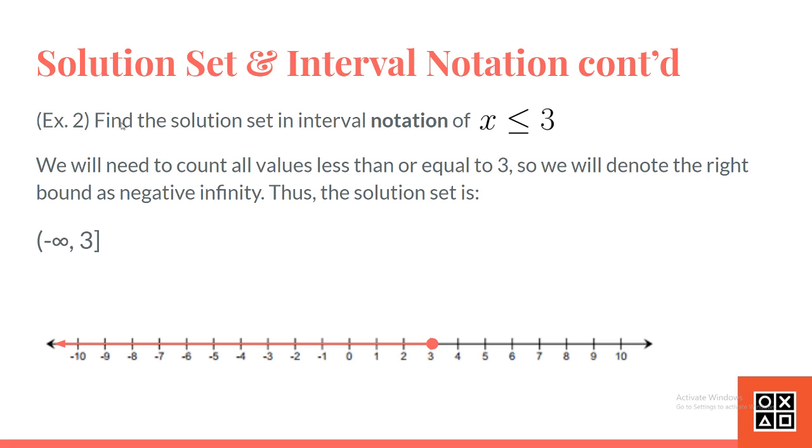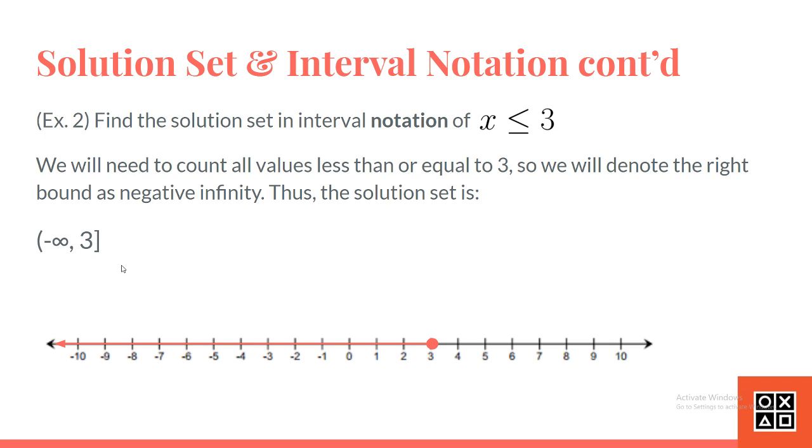Example 2. Find the solution set in interval notation of x is less than or equal to 3. We will need to count all values less than or equal to 3. So we will denote the left bound as negative infinity. Thus, the solution set is negative infinity comma 3 with the appropriate notation.